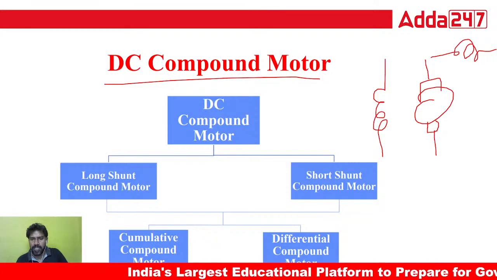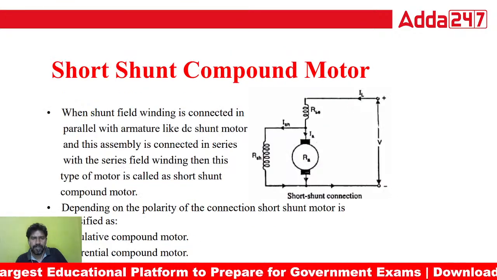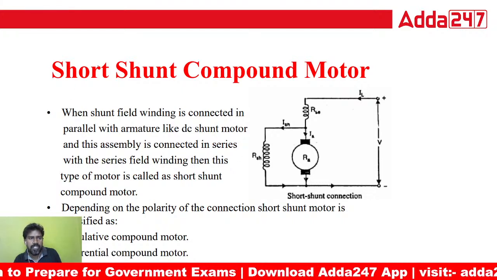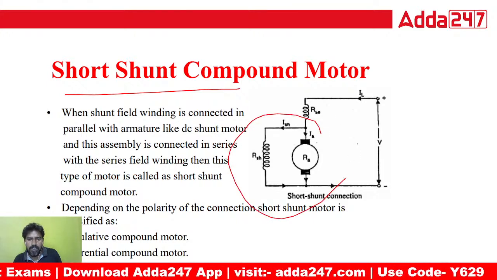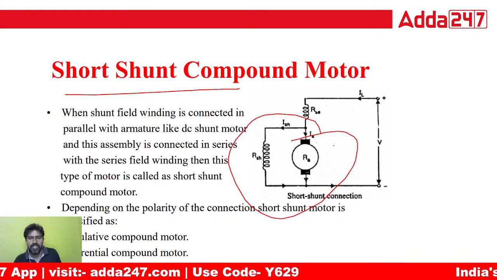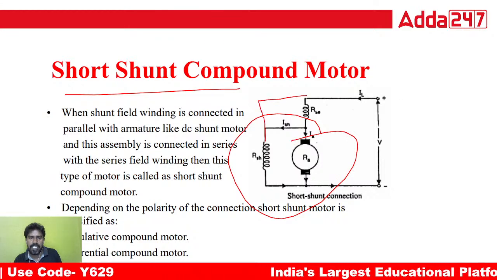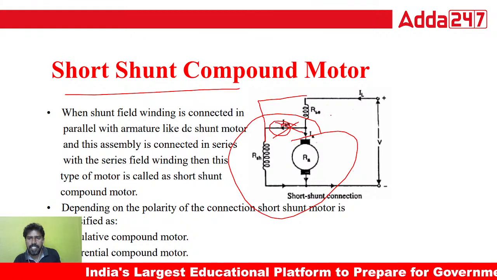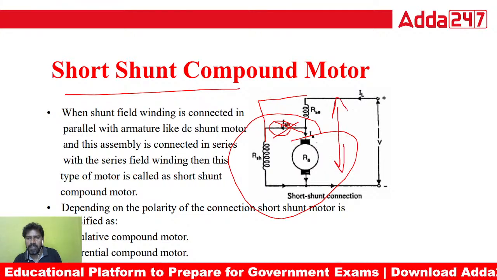You can see here a short shunt DC compound motor. Short shunt means the shunt field winding is connected only in parallel to the armature. If it is a long shunt, the shunt field winding is connected in parallel across the armature along with the series field winding.